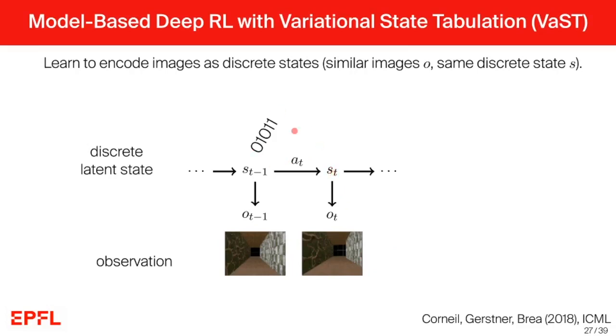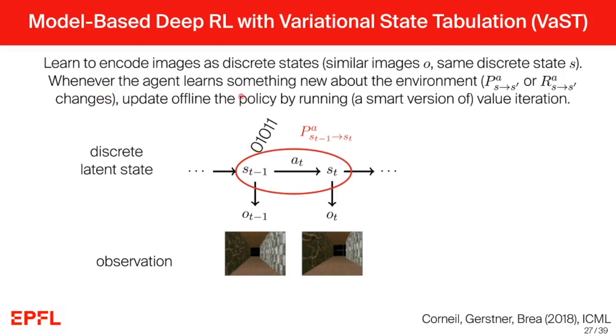Now, if we have this latent representation where the discrete states correspond to more abstract locations in this environment, we can now use standard background planning methods for efficient reinforcement learning.